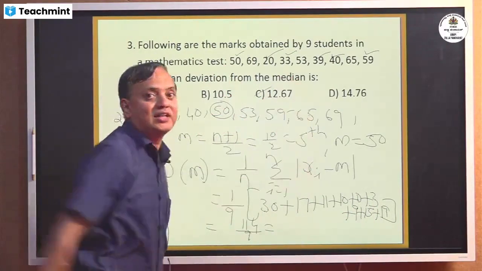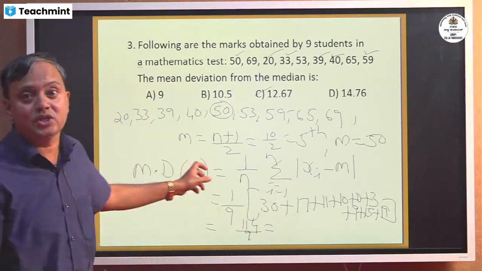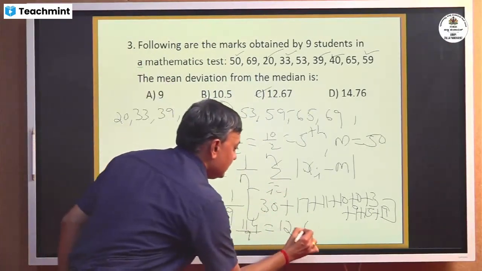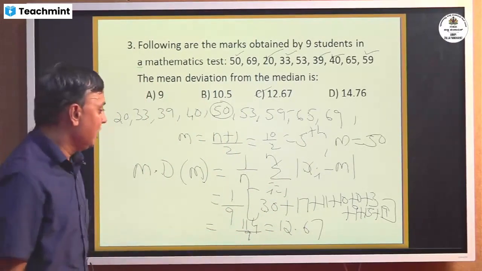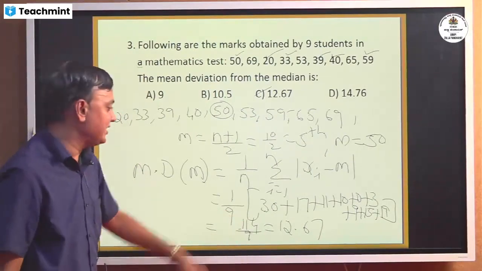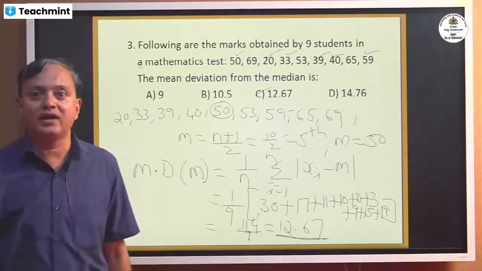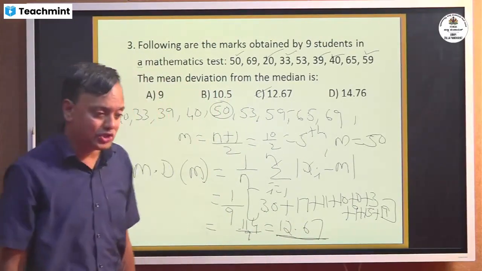Check it. So the answer is 12.67. This is the mean deviation from the median. 11 by 9 is 1, the remainder is 2, correct. So 114 by 9 is 12.67.